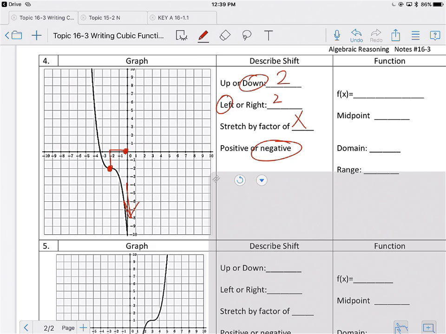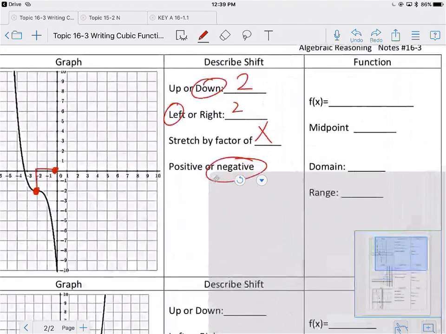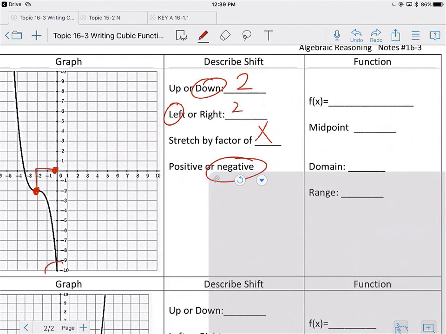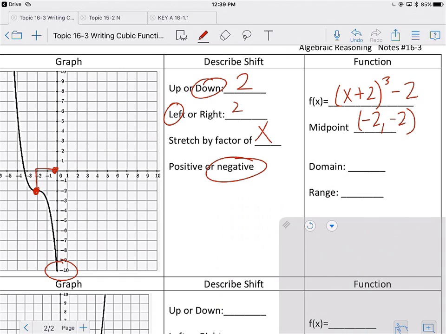Your end part of your graph is going into the negative, so that's how when you're looking at a graph you can identify it. So if it ends negative, it's negative. If it ends positive, it's positive. So to go to the left, I need a plus 2 in parentheses, and then down 2 is a minus 2. Midpoint is opposite, opposite, and then all reals.